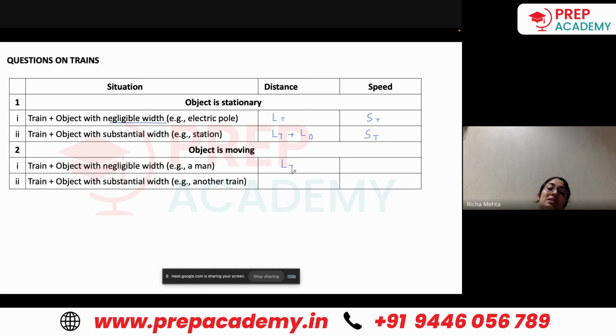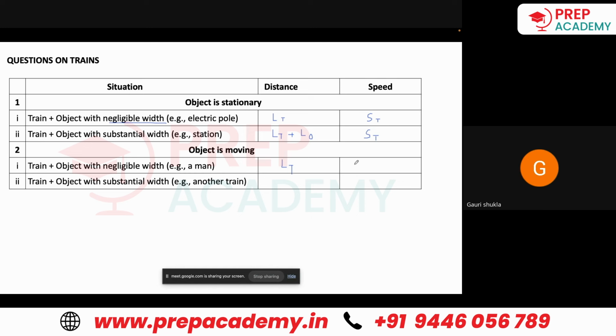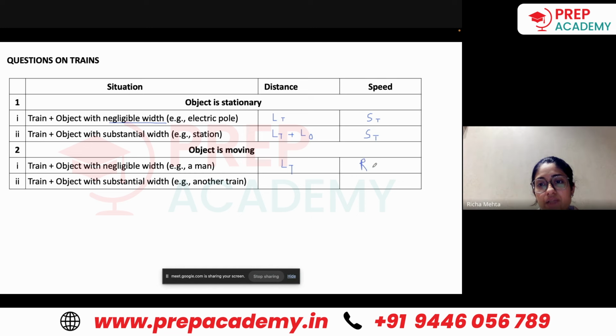But what will be the speed in this case, when the object is also moving? The relative speed. Correct. It would be the relative speed, either addition of both the speeds or subtraction of both the speeds, depending on the direction.